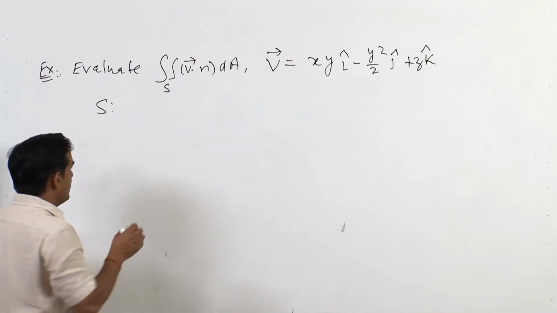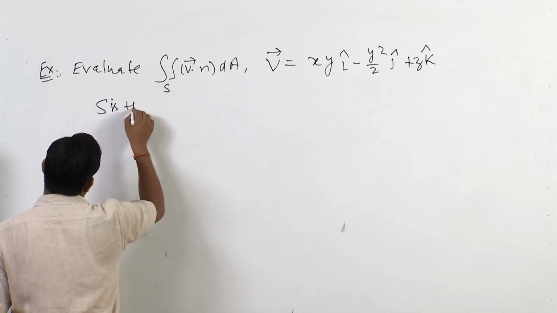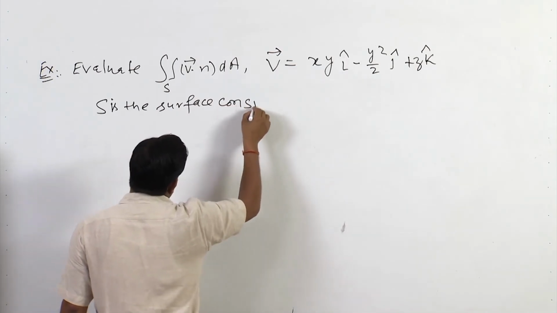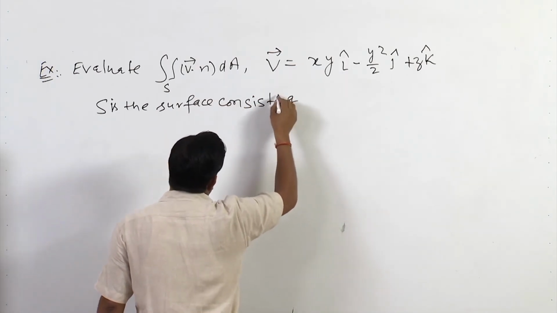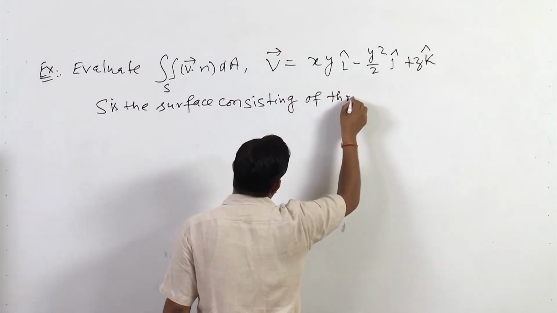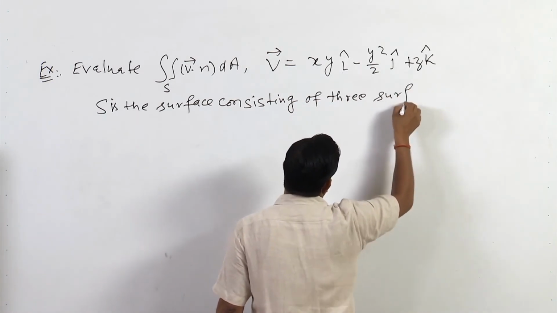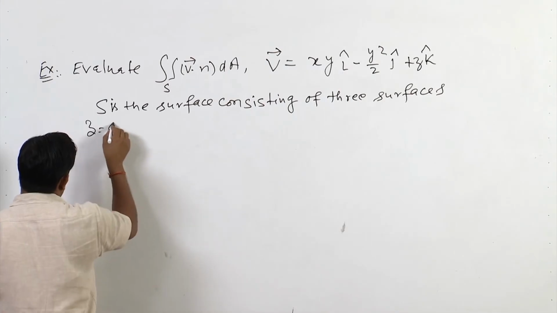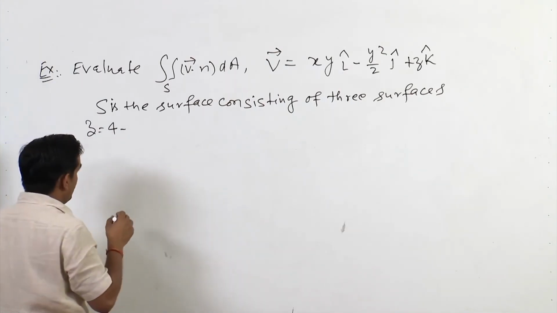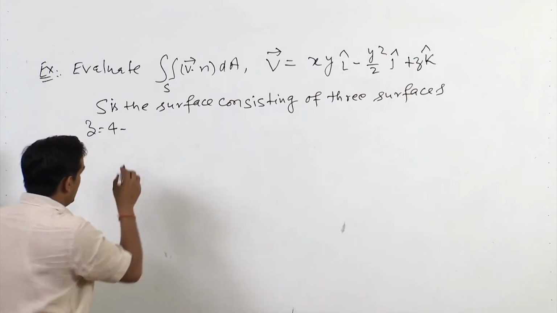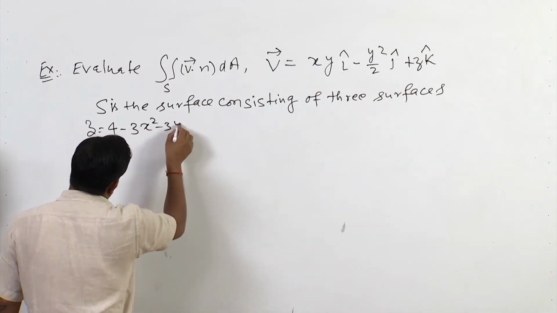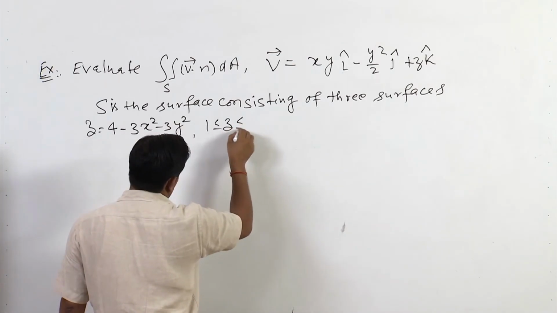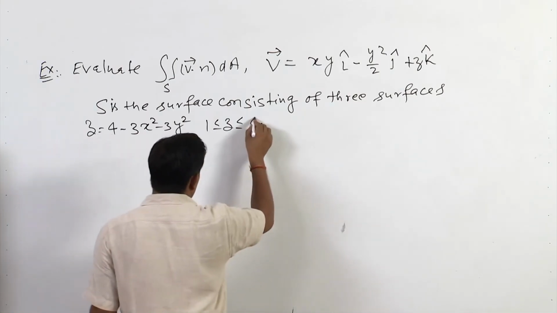So S is the surface consisting of 3 surfaces, that is z equals 4 minus 3x square minus 3y square, and here z is from 1 to 4 on the top.